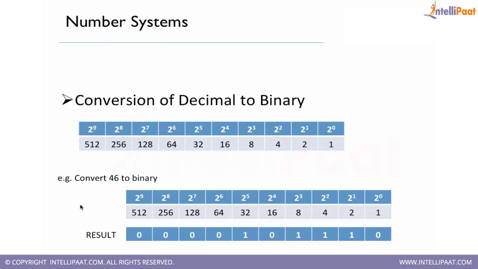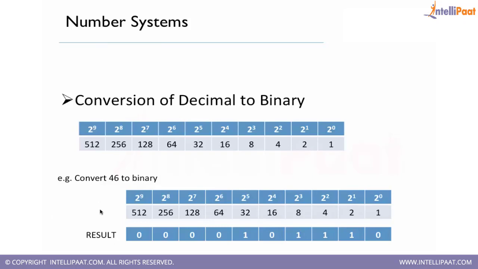Now 23 divided by 2 is equal to 11, and the modulus is 1, so 1 is stored here, and we have 11 left. 11 divided by 2 is 5, and the modulus is 1, so 1 is stored here, and 5 is left. 5 divided by 2 is equal to 2, and the remainder is 1, so 1 is given here. We are left with 2.